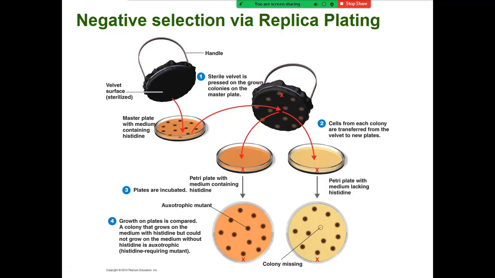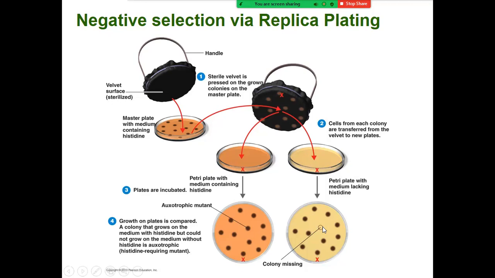A negative selection is where you stamp two different media: one medium containing the amino acid histidine, and another one lacking that amino acid. We see that on the media containing histidine, the colony here will grow, but on this plate, there is no growth in this position where we stamped the cells.